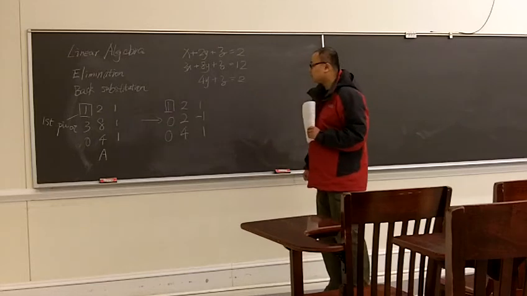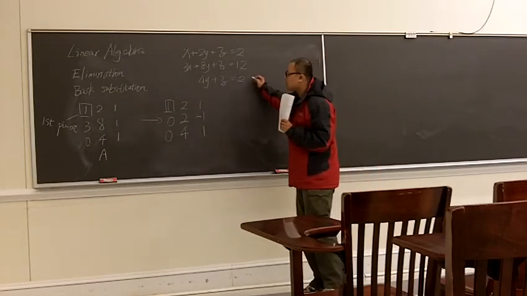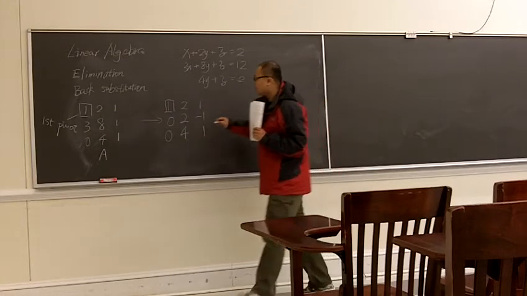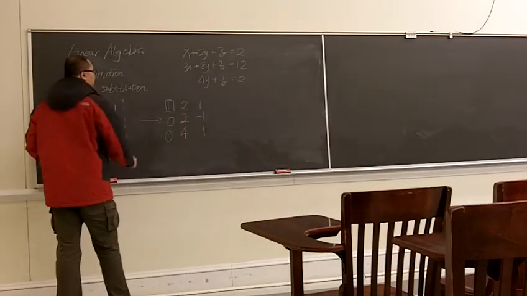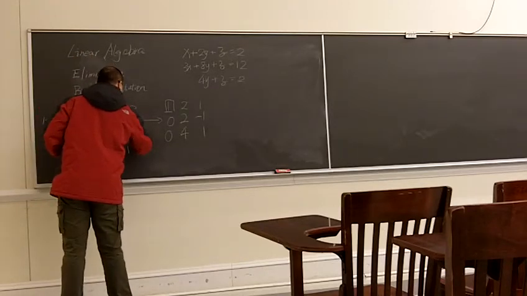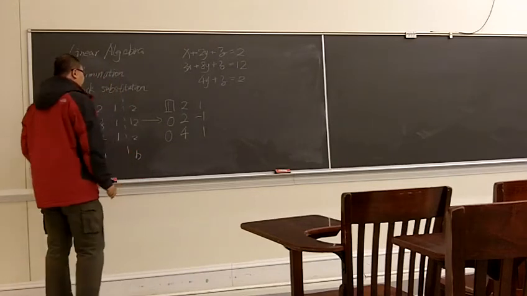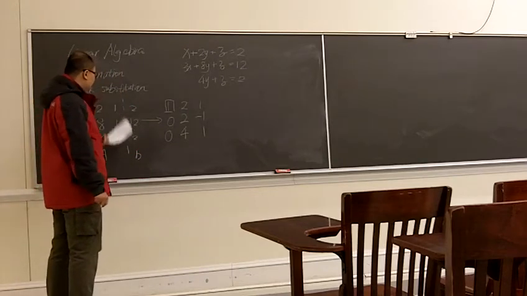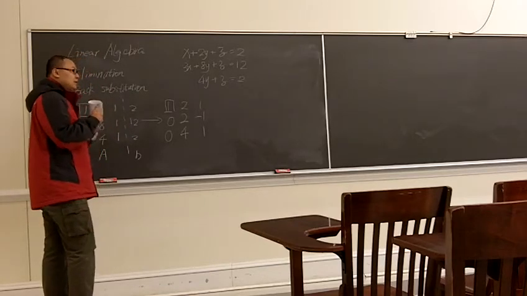You should say, wait a minute, what about the right-hand side of the equation? We put an extra column, b, here. So what should we do to the extra column?